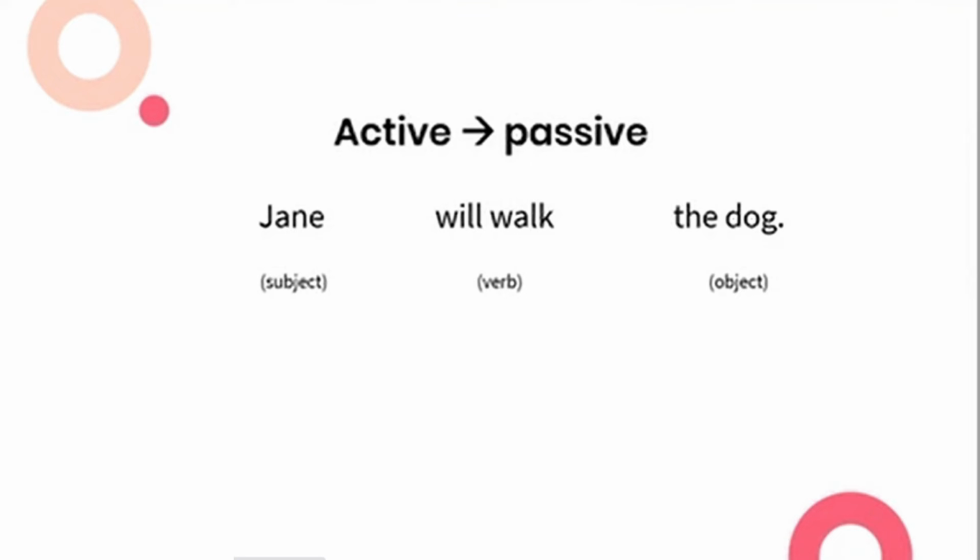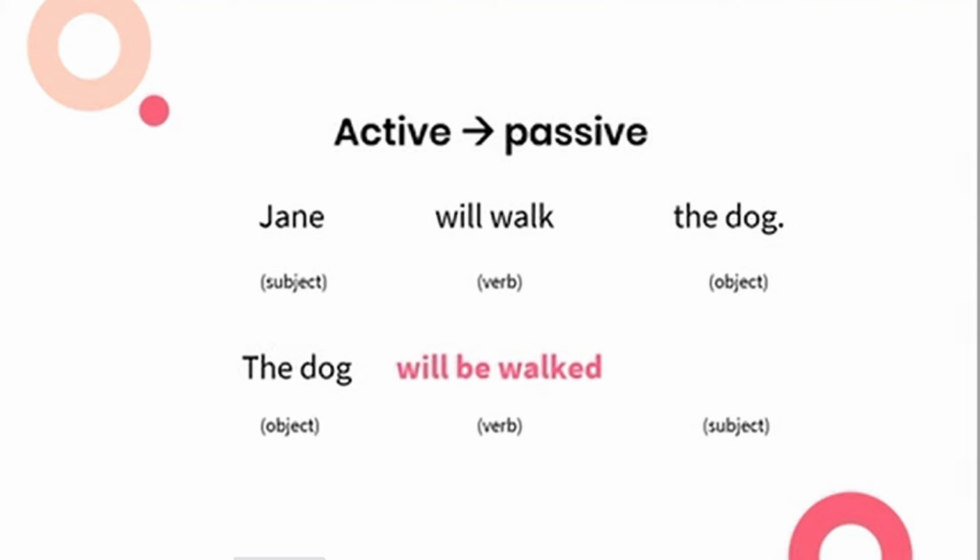So we know that to convert a sentence into passive voice, the order of this sentence changes to object, verb, subject. Here's the passive sentence. The dog will be walked by Jane. So as you can see, the verb changes from will walk to will be walked.